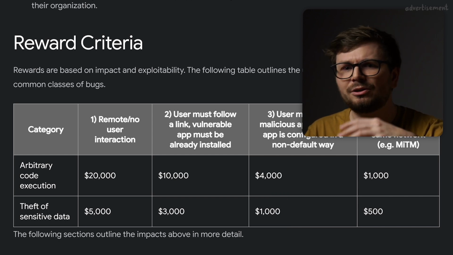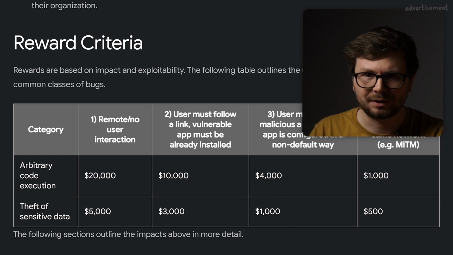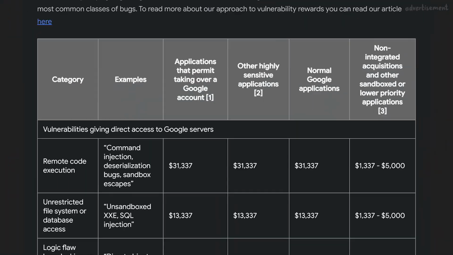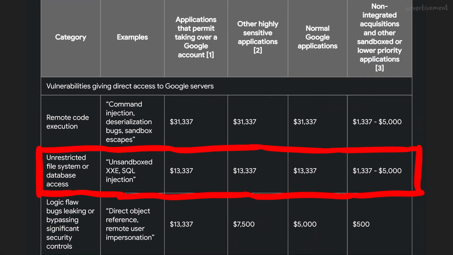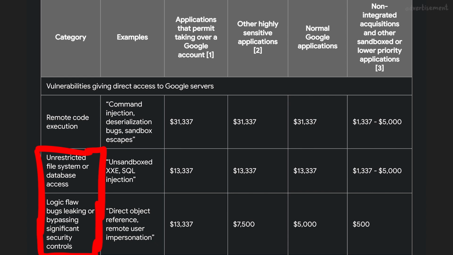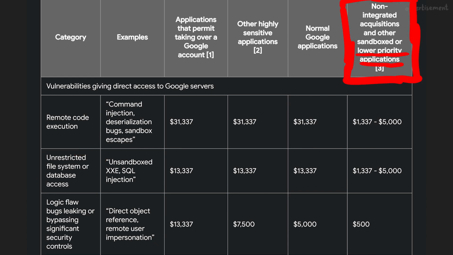But in this case, Sergey found the issue in a Google app, so the regular bug bounty rewards apply. And in the table we can find here unrestricted file system or database access, or logic flaw bugs leaking or bypassing significant security controls. Both could apply here. Also, the app probably falls under the lower priority applications.